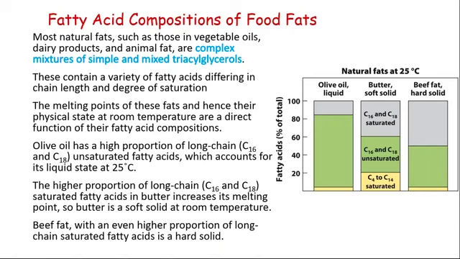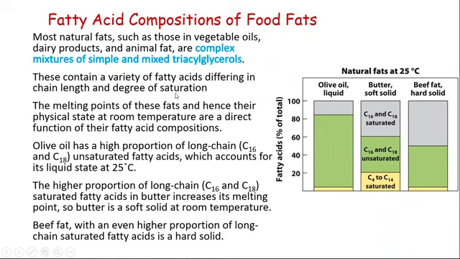Now, just to tell you how saturation and unsaturation affect food fats, look at the fats that we commonly take as vegetable oils, dairy products or animal fat. They are not made up of a single triglyceride but of a mixture of simple and mixed triglycerides.